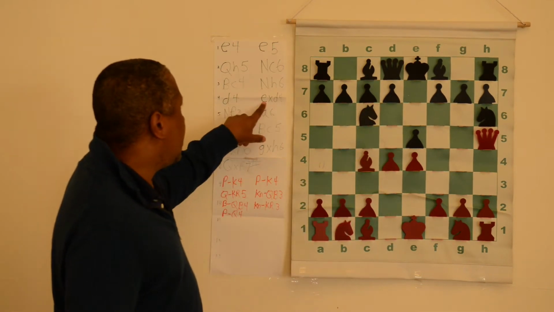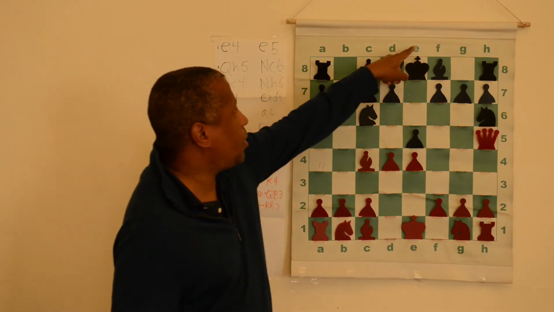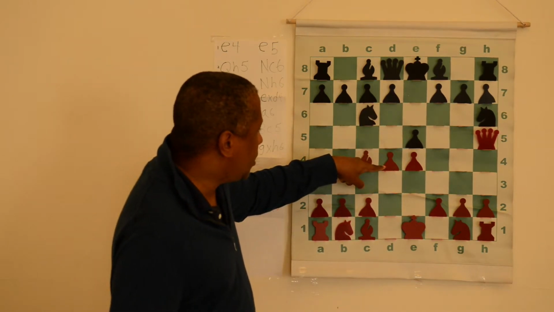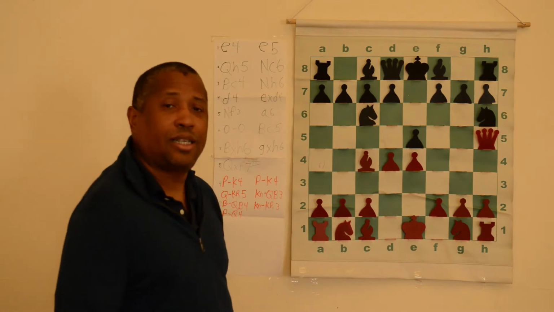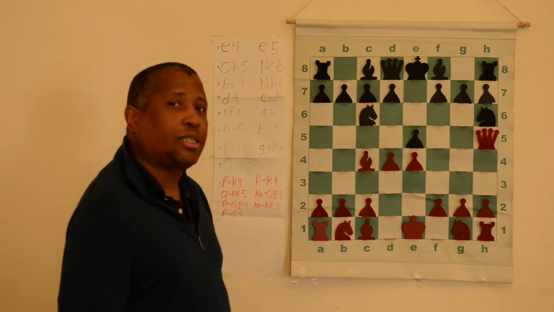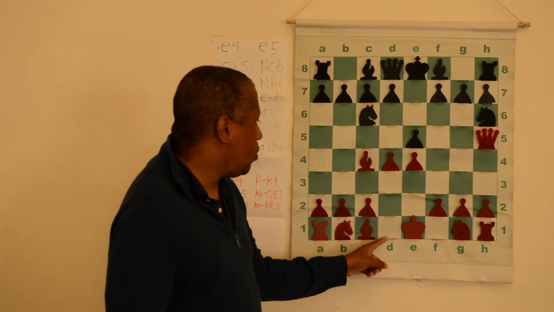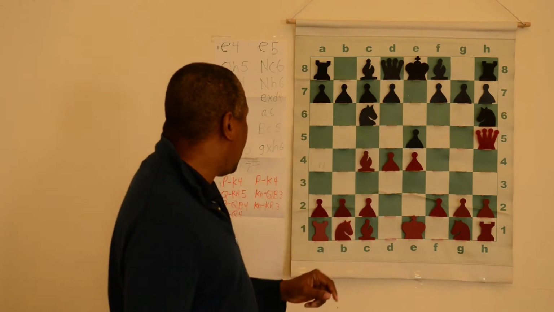Now, the next move for black is EXD4. That means the pawn on the E file takes. Now, how do we write that in descriptive notation? Well, first off, what's this file again? It's the queen file. Now, who's moving?